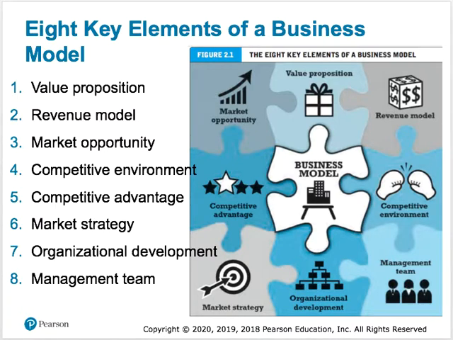To analyze a business model, you can follow the guideline of the 8 key elements of a business model, which include the value proposition, revenue model, market opportunity, competitive environment, competitive advantage, market strategy, organizational development, and management team.